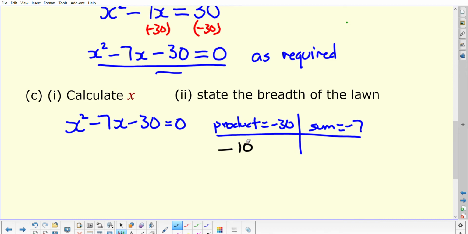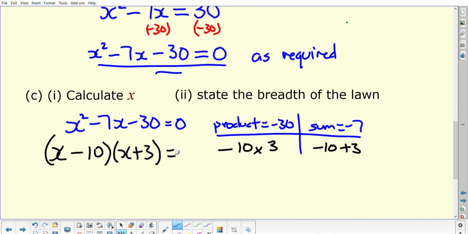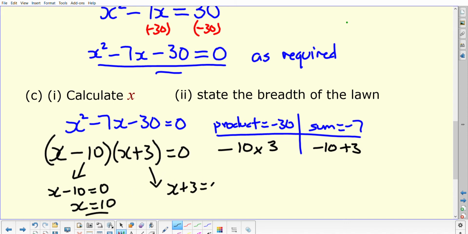That would be negative 10 times positive 3. So my brackets would be x minus 10 and x plus 3 equal to 0. That would produce two little mini equations, x minus 10 equals 0, which means x is 10, or x plus 3 equals 0, and x is negative 3.